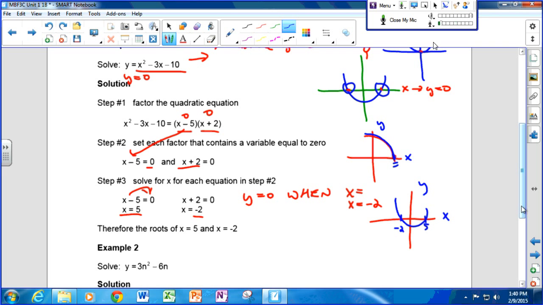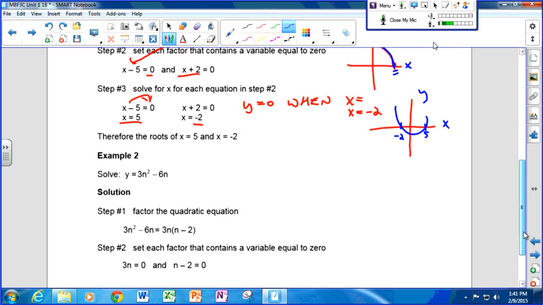It tells me how far it shifted over, and it gives me an idea of where it crosses over that x-axis. We can actually use this idea to solve for other values of y, not just 0, but usually we're finding the roots, which are the zeros. That's really what someone means when they say, find the zeros of this equation.